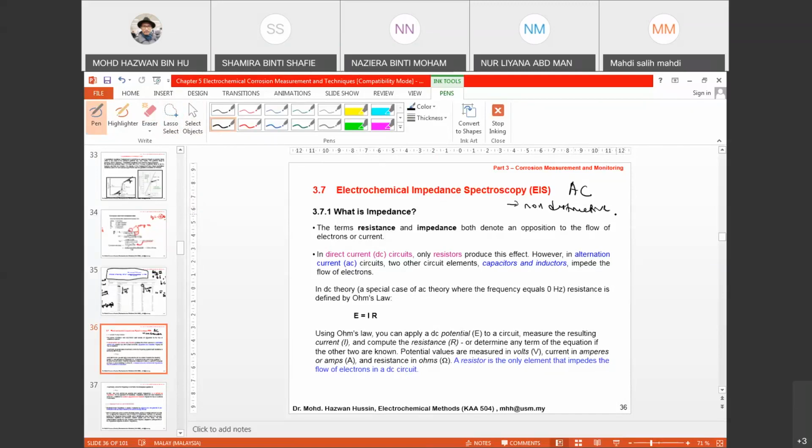Non-destructive means that the sample or the working electrode that you use, you can still use it for another purpose. It does not damage the sample.